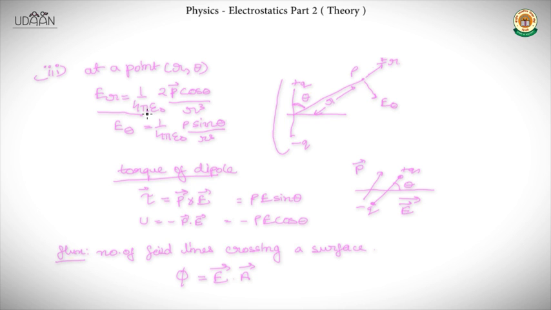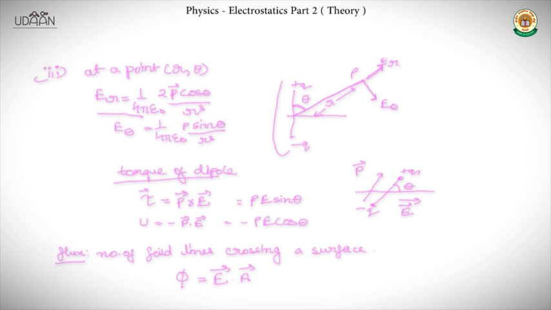E r is equal to 1 by 4 pi epsilon naught 2p bar cos theta by r cube, and E r is along the line joining center and the point, and E theta is equal to 1 by 4 pi epsilon naught p sin theta by r cube, and it is perpendicular to E r.